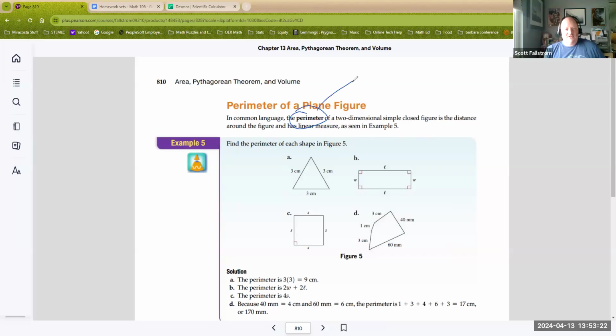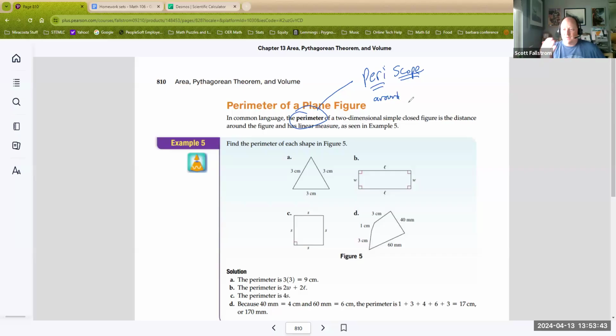A couple root words here. Peri is a prefix in our language. Think about other words like periscope. Scope is like to look or to see, and peri is around.